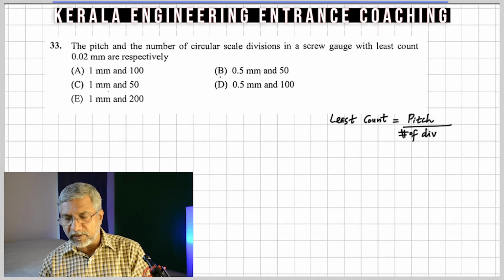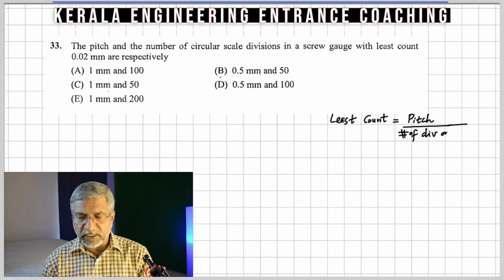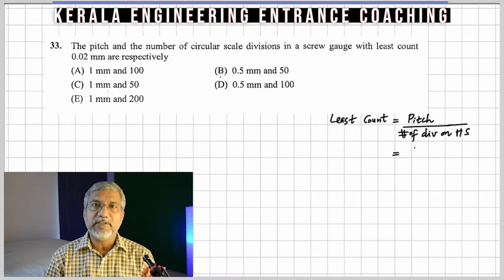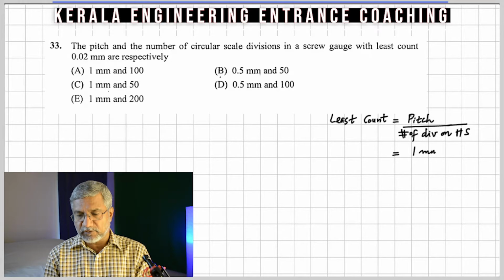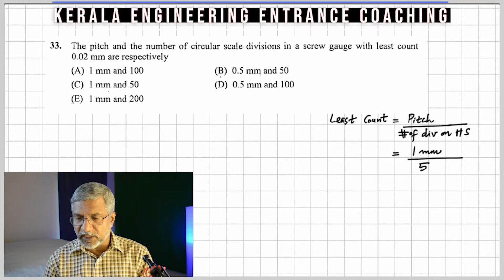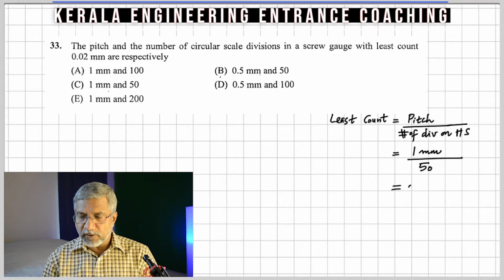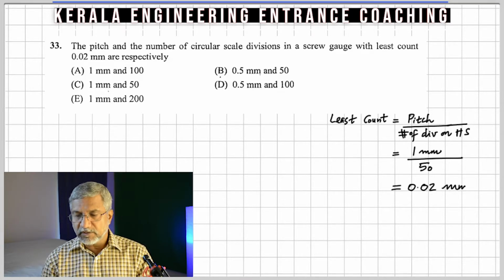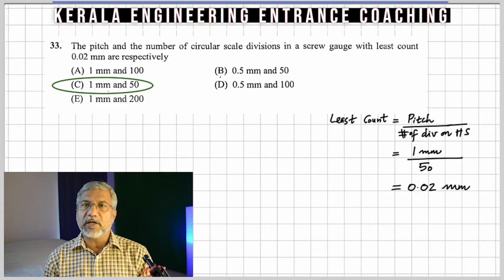So we will work with combinations, and when you take the pitch, there's only one combination that's going to make sense for you to get 0.02, and that is this one. 1 millimeter divided by 50. 1 divided by 50 is going to give you 0.02 millimeters. No other combination will work.